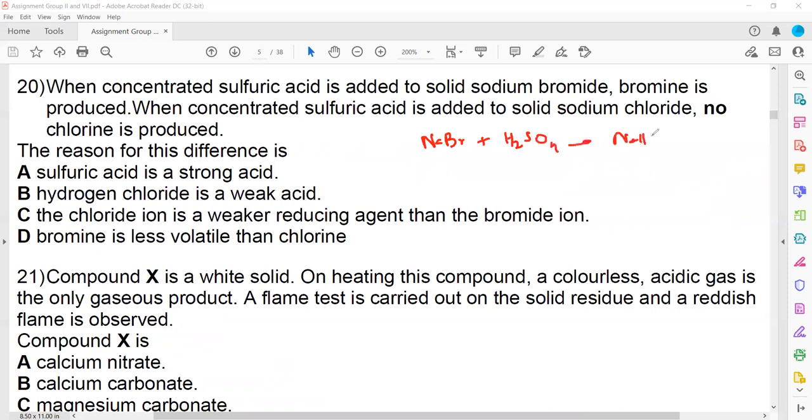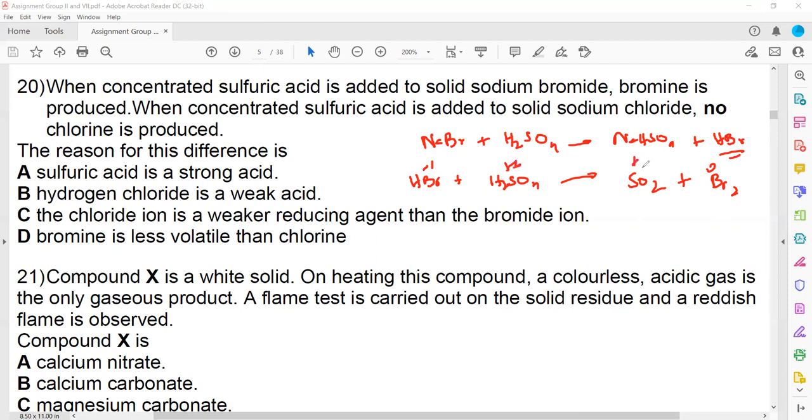It will form sodium hydrogen sulfate plus hydrogen bromide, and this HBr further reacts with sulfuric acid and reduces the sulfur to a lower oxidation number. For example, it might produce sulfur dioxide and might produce sulfur and bromine molecule, because bromide ion is oxidized and sulfur is being reduced.